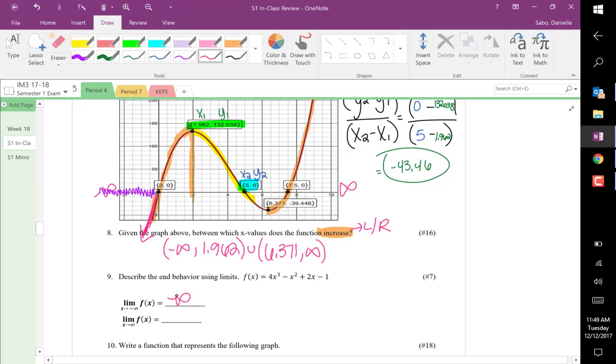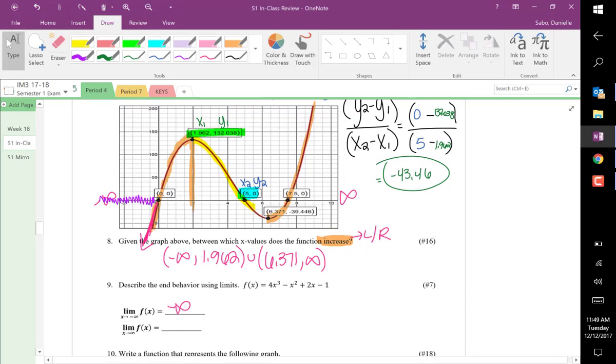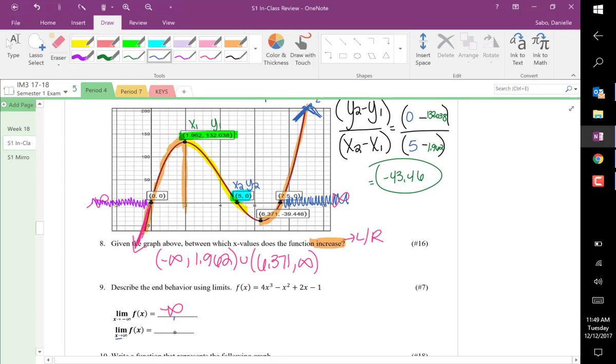Very good. I'm just trying to show you visually why. So here in blue, as X is going to positive, I'm walking towards it. Where is the function going in that direction? Positive infinity, very good. So end behavior has to do with where the arrows are going. Interval increase and decrease is telling me where it is decreasing.